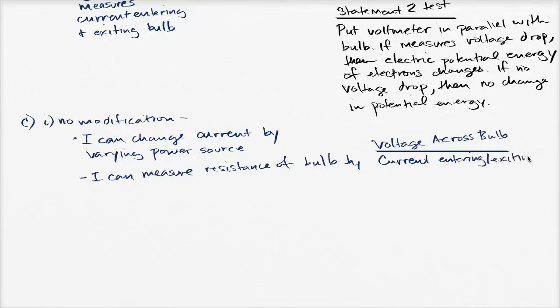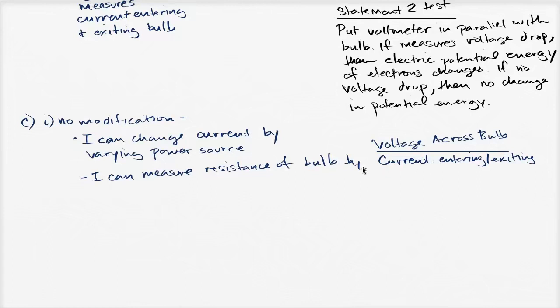And I know in the first part of this test we were asking, do we have the same number of electrons per second entering the bulb or exiting the bulb? But from what we know of currents, the current is going to be the same on either side. You have a voltage drop, but the current is the same. And so entering or exiting, you're going to get the same value.